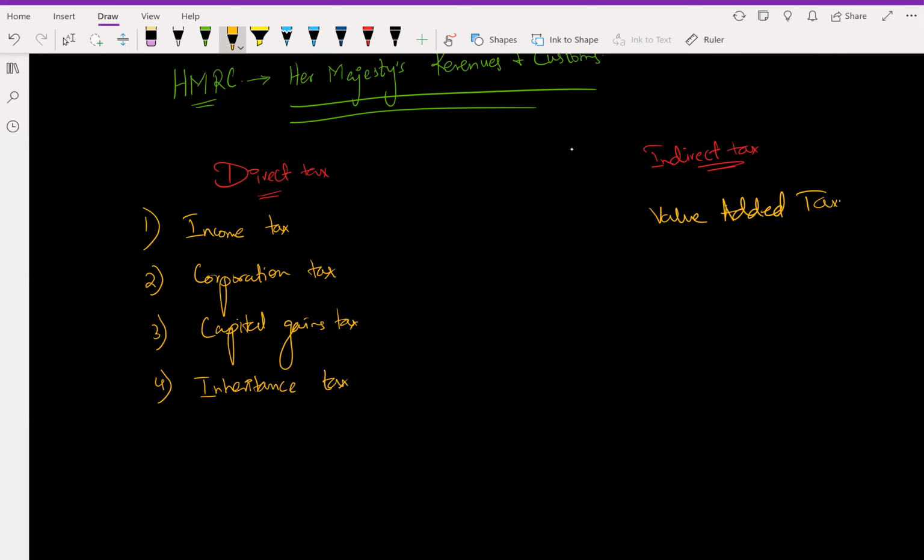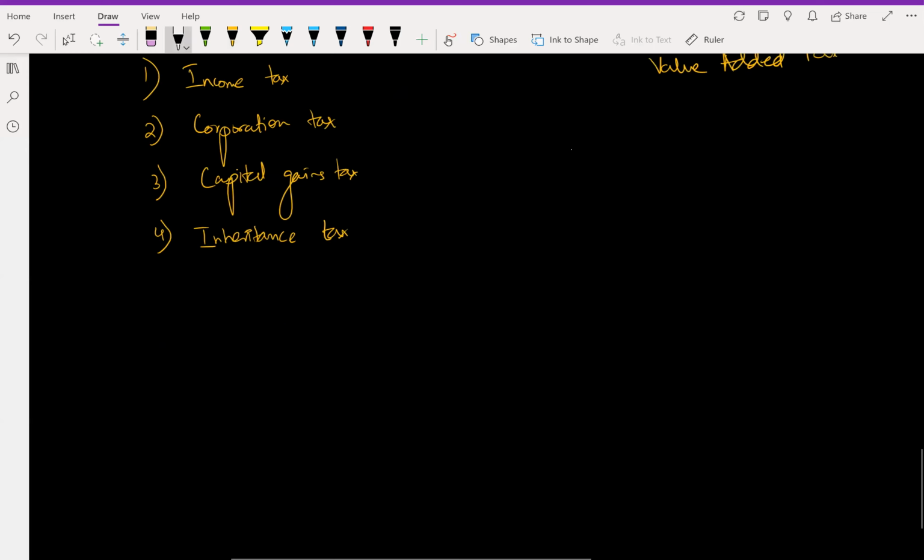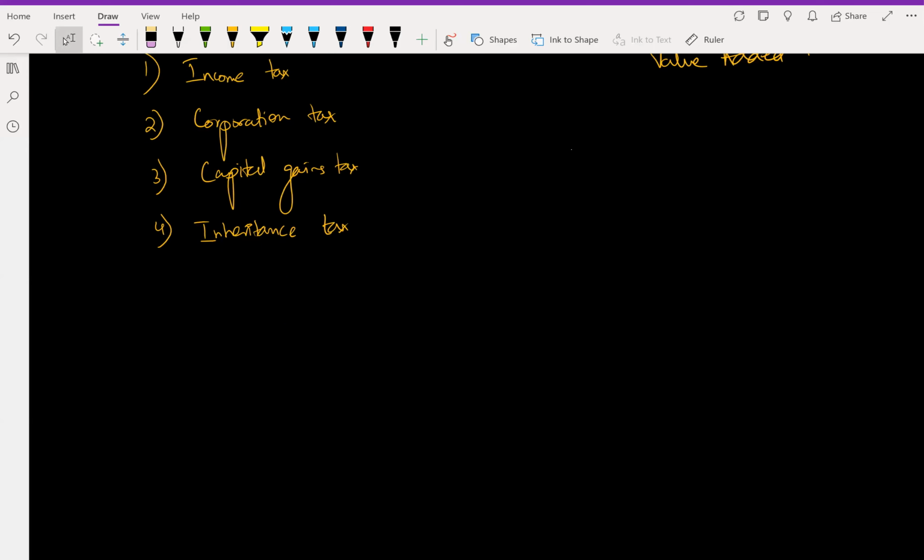Now, every system has its own way of working. Therefore, in the UK, the years are different basically. What years am I talking about? Every individual pays tax for the fiscal year.